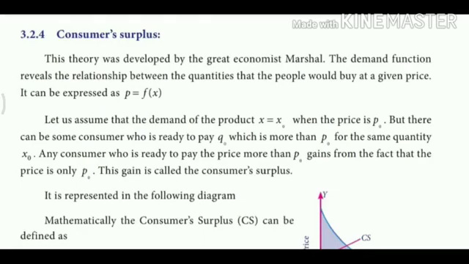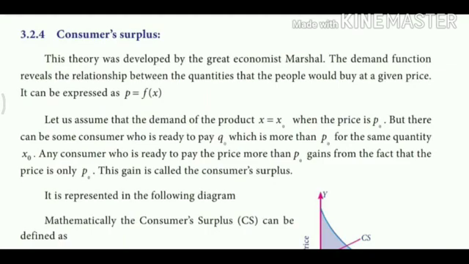Usually there are two things: one is consumer surplus, another is producer surplus. Consumer surplus speaks about the demand function, whereas producer surplus speaks about the supply function. So these two give two different functions: one is the demand function and the other is the supply function.